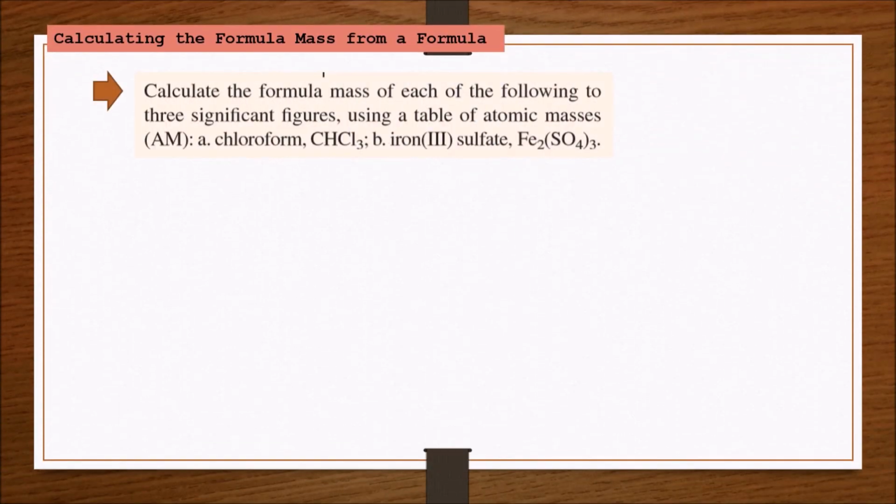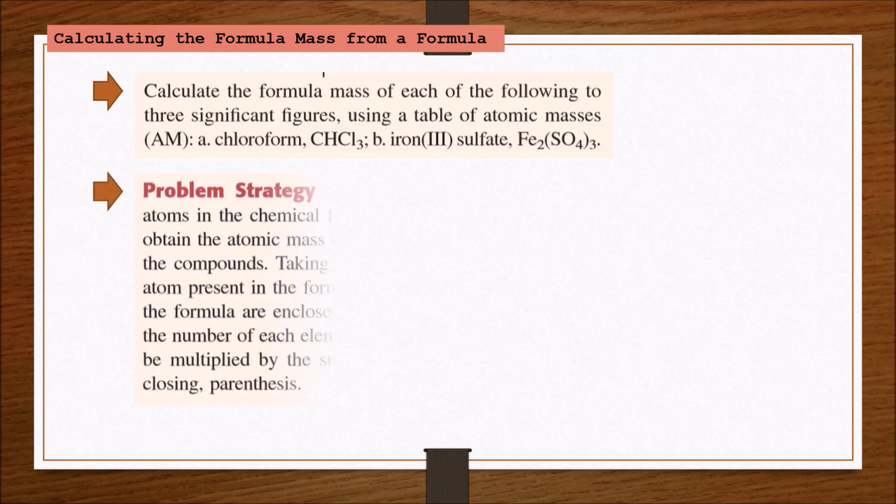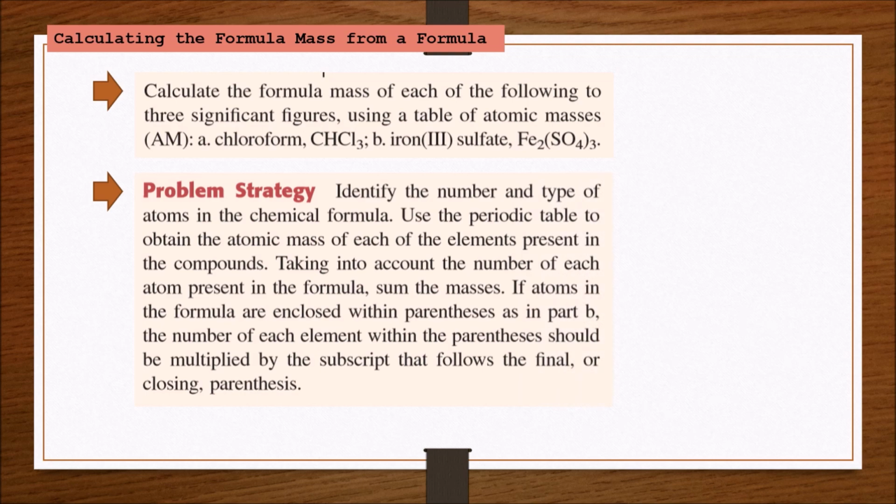Okay, so let's have an example for you to understand clearly. Calculating the formula mass from a formula. Calculate the formula mass of each of the following to three significant figures. A, we have chloroform, and B, we have iron sulfate. First, we identify the number and the type of atoms in the chemical formula, and then you use the periodic table to obtain the atomic mass of each of the elements present in the compound.